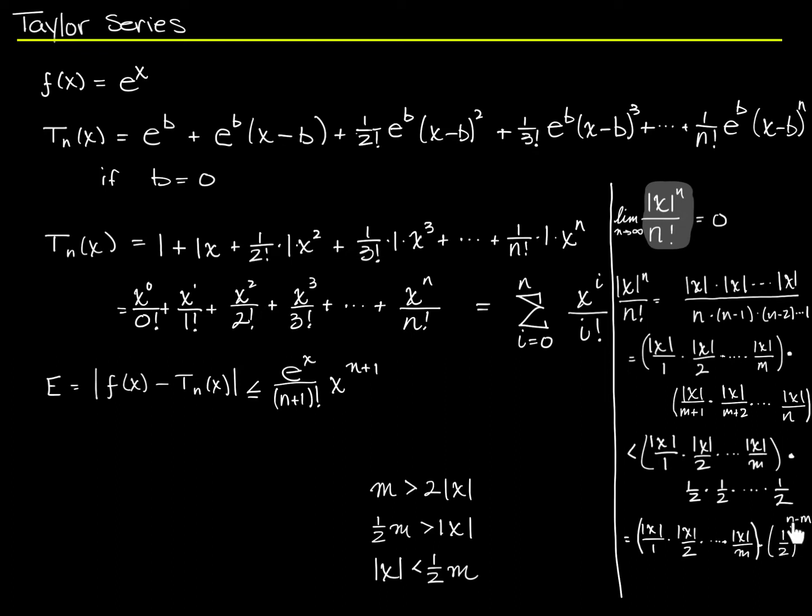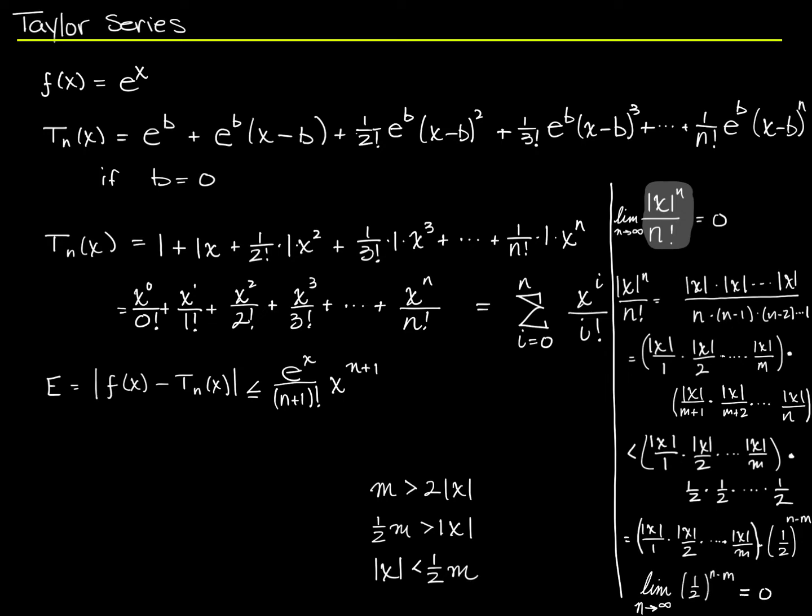But if n is a very large number, the farther away it is from m, the smaller this product, 1/2 to this power, gets, to the extent that we can say that the limit as n goes to infinity of 1/2 to the power of n minus m is equal to 0.